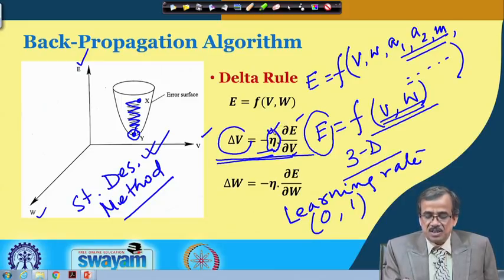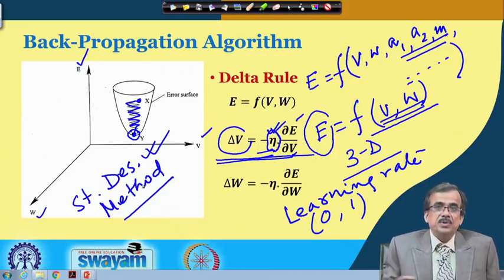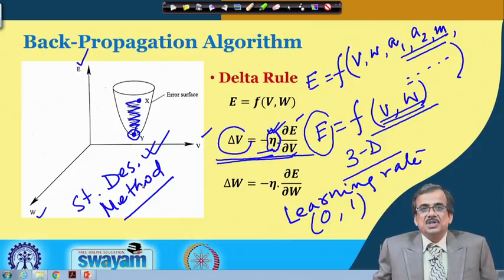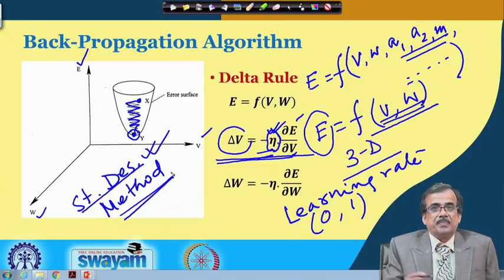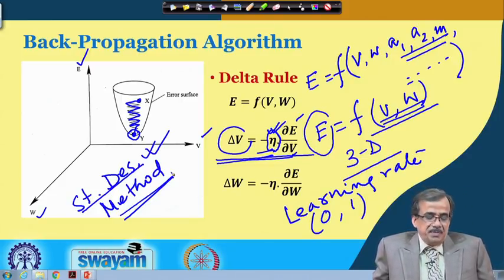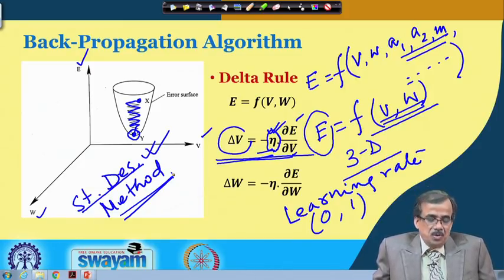This eta, the learning rate, represents the step length of the steepest descent algorithm. Let me mention that for any optimization tool, there are two things you have to consider: one is the search direction and the other is the step length during the movement.